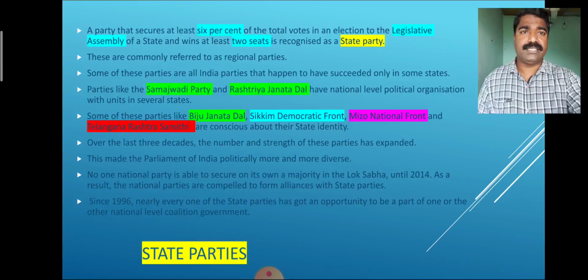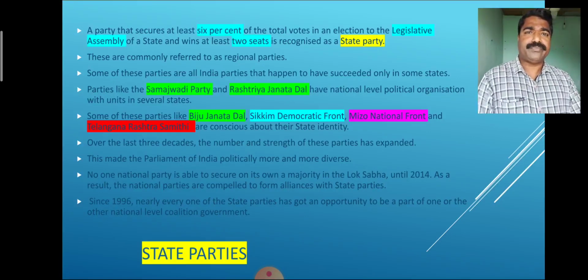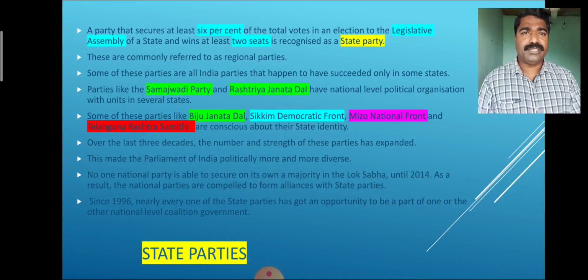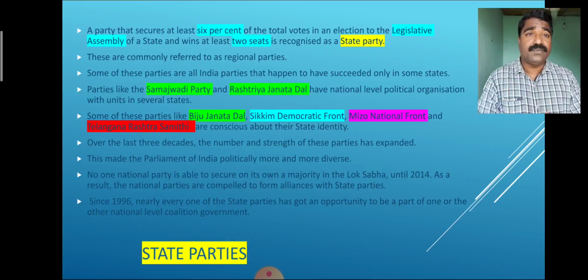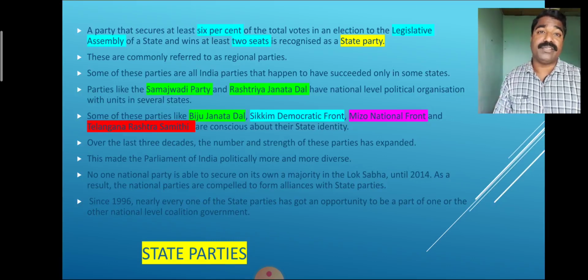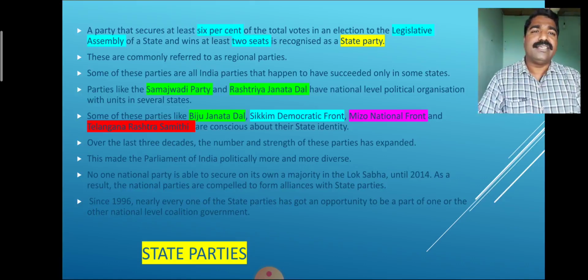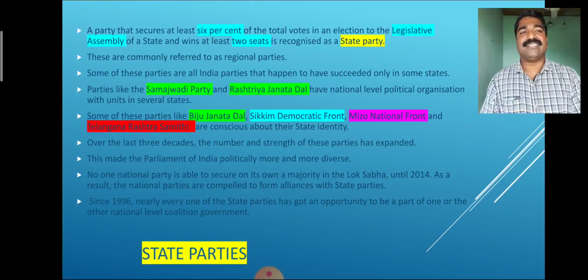Now we see state parties. A party that secures at least 6% of the total votes in an election to the legislative assembly of a state and wins at least 2 seats is recognized as a state party.